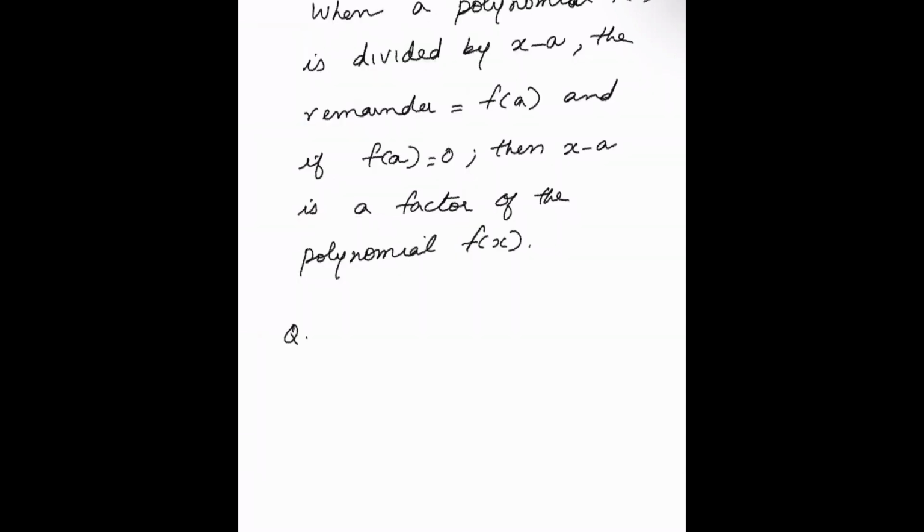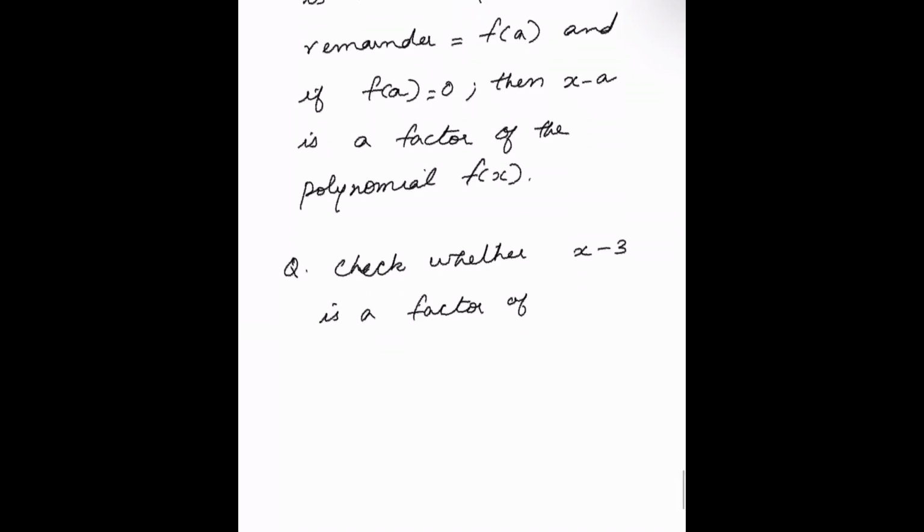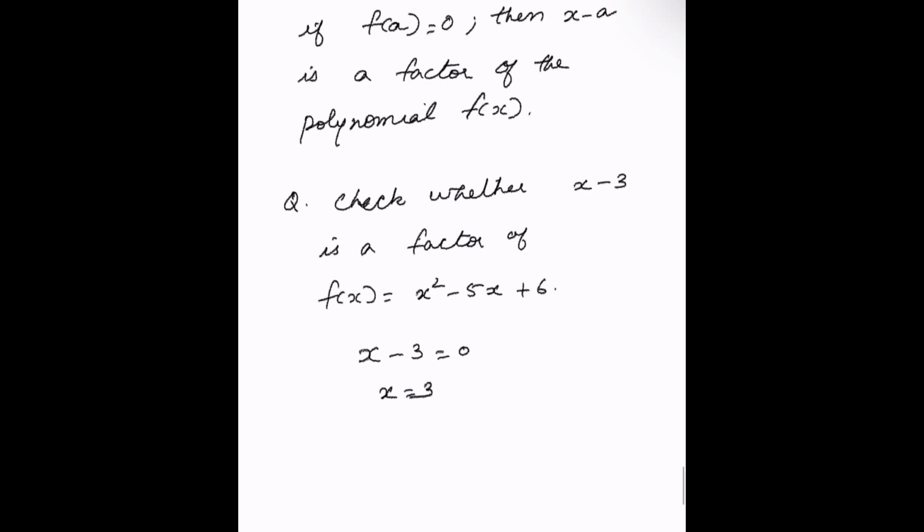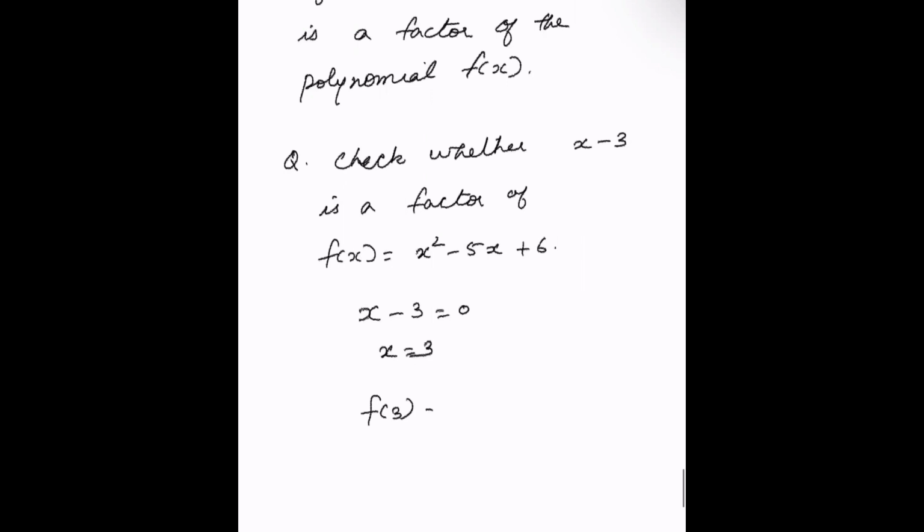Question is, check whether x minus 3 is a factor of f of x equal to x square minus 5x plus 6. Take the divisor, equate it to 0, and find the value of x. Now find f of 3.